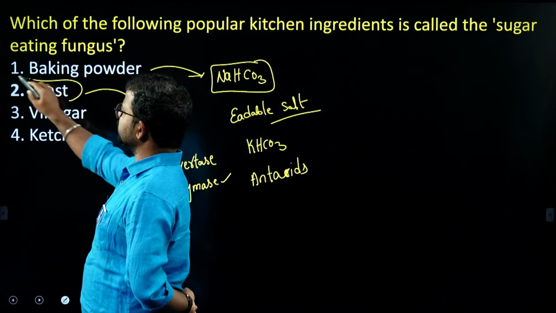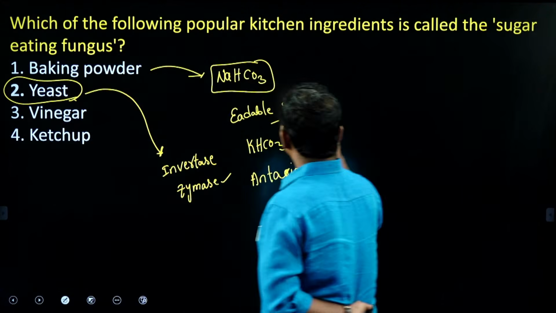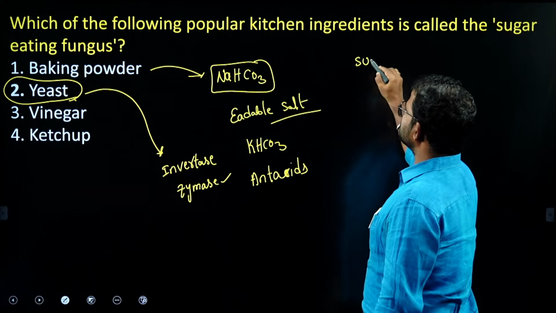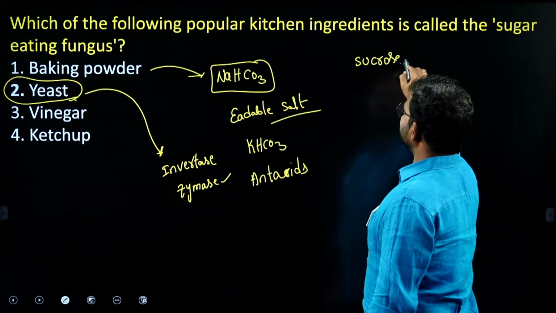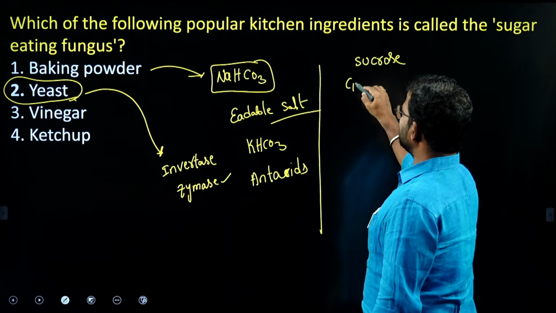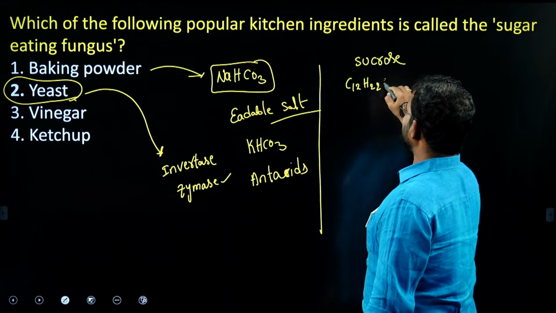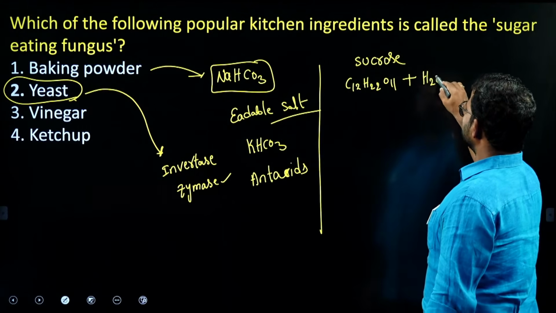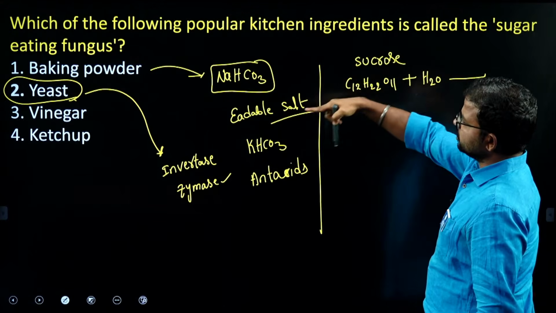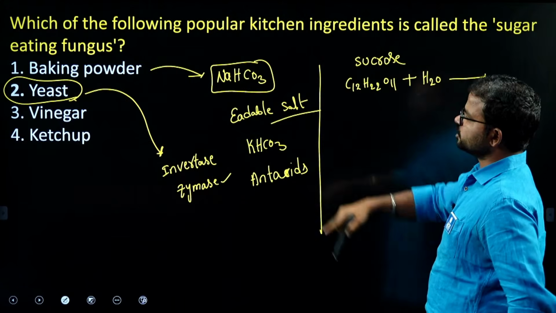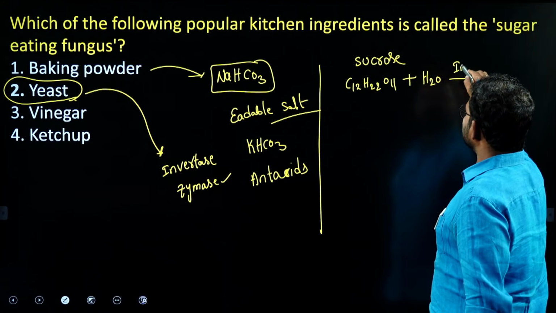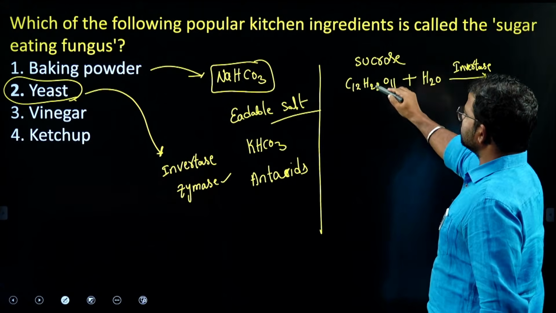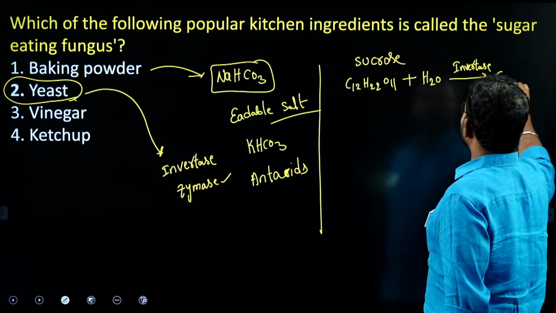Sugar juice means nothing but sucrose. What is the formula of sucrose? C12H22O11. When it is added with water, yeast releases two types of enzymes. One is invertase. In the presence of invertase, this sucrose can be converted into glucose and fructose.